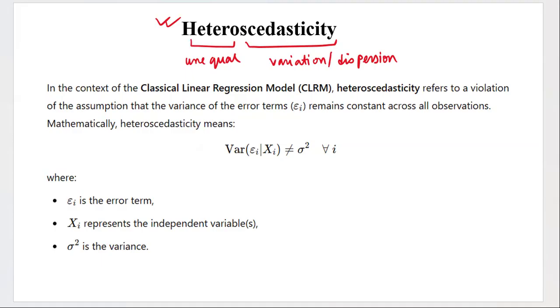Now, if you know the assumption of homoscedasticity that I have explained in my assumptions video of CLRM, you will know what homoscedasticity is. According to the classical linear regression model, the error variance, that is the variance of this epsilon i term given the xi values, has to be a constant. This has to be a constant for all the observations that we take into account.